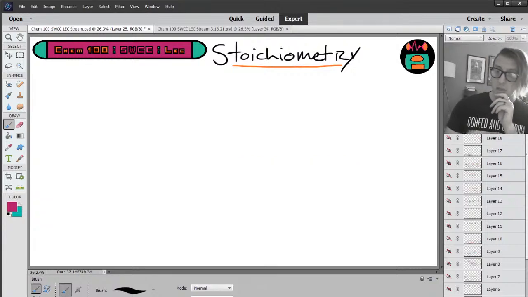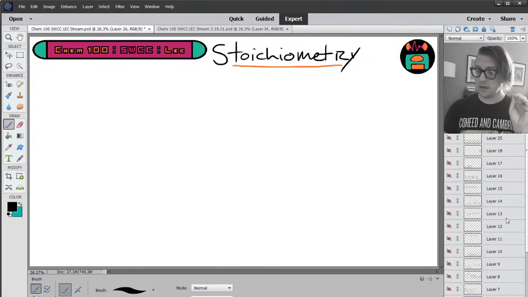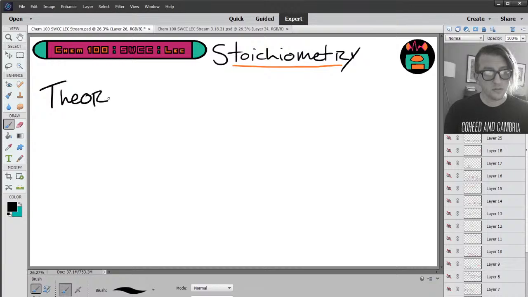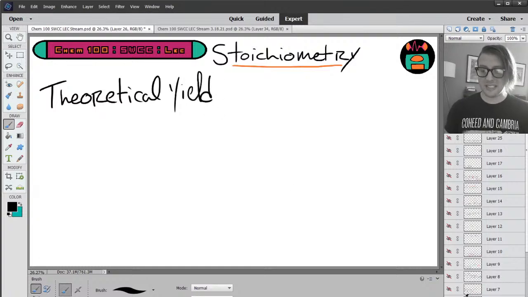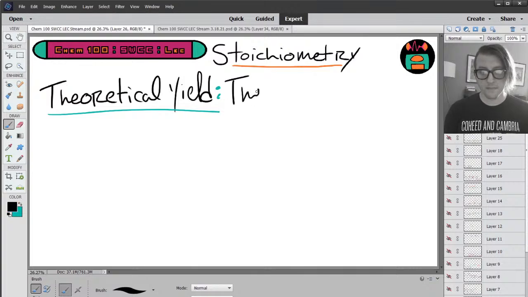First off, the theoretical yield tells you the theoretical maximum, the max amount possible.